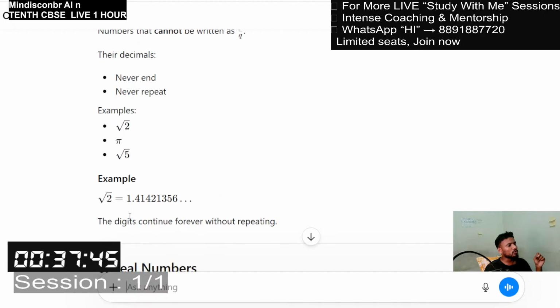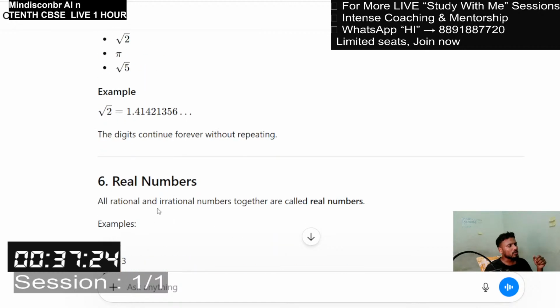For example, root 2 is equal to 1.41421356, etc. There is no particular ending digit for this root 2 value. So it is non-terminating. The digits continue forever without repeating. So it's an irrational number.